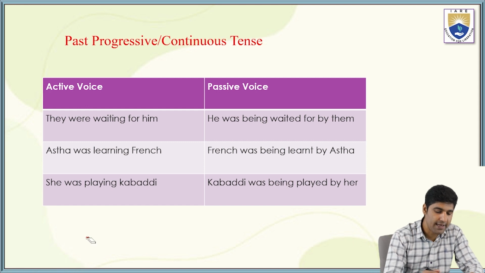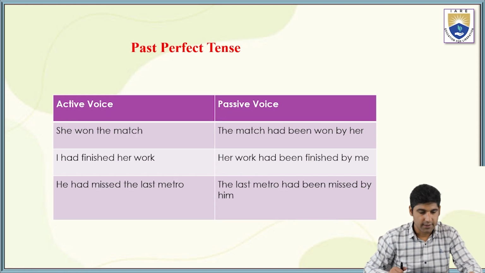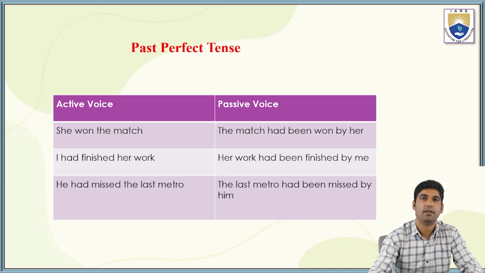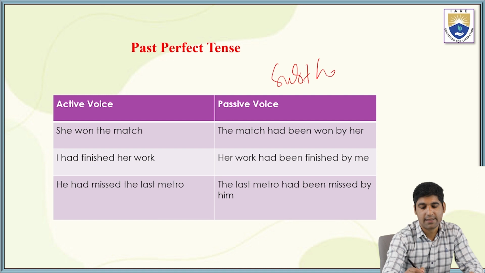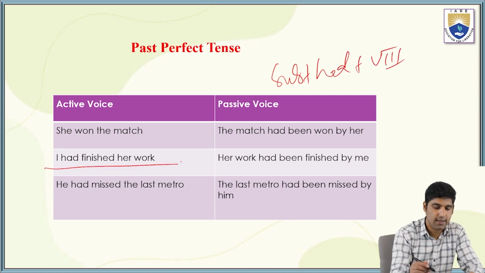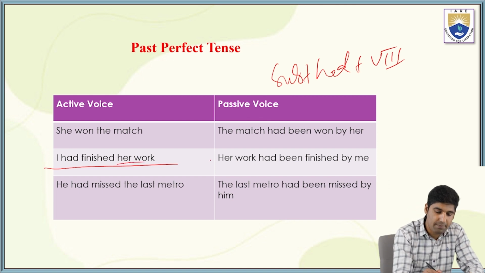So she was playing kabaddi. Kabaddi was being played by her. Then past perfect, it is subject plus had plus verb third form. Like this sentence: I had finished her work. So her work will be the subject.